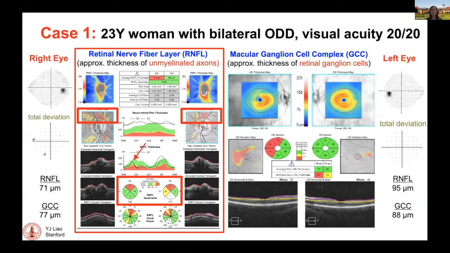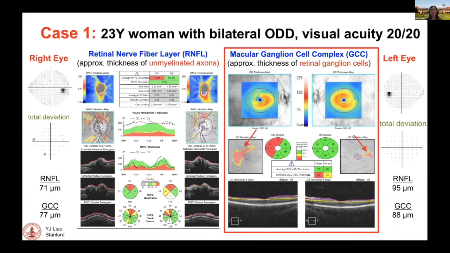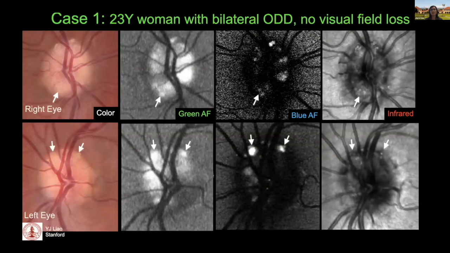This patient's OCT measurement for retinal nerve fiber layer showed that there's some thinning in the superior portion of the optic nerve. There's also some thinning in the macular ganglion cell complex, despite the fact that visual field is basically normal in both eyes.